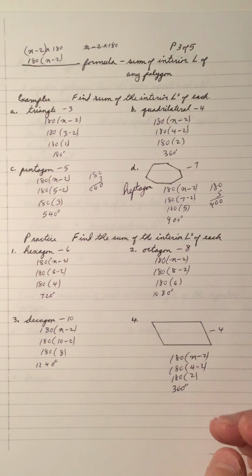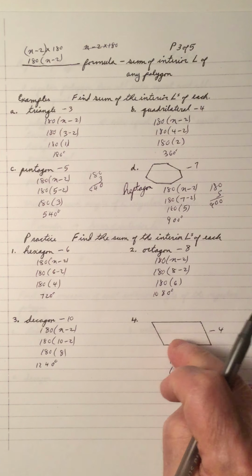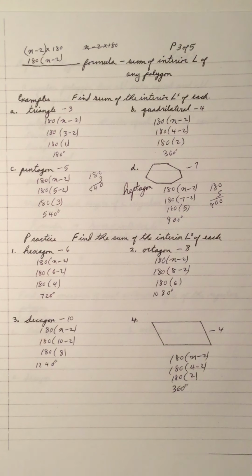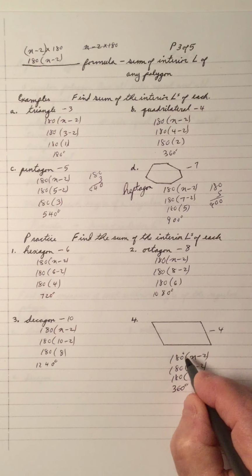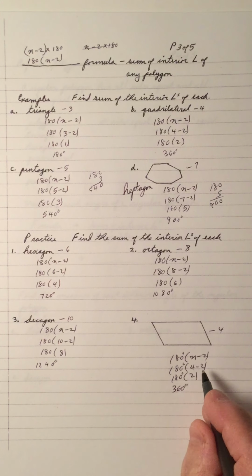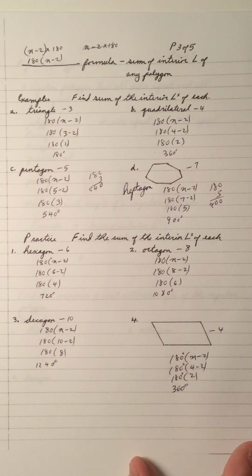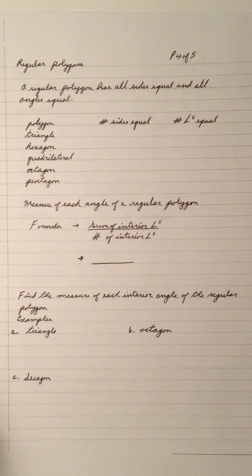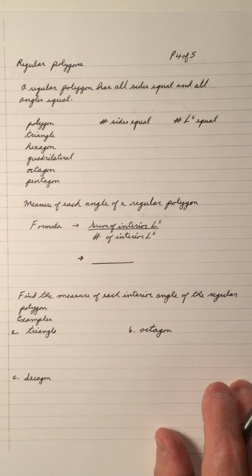I have memorized a triangle is 180, and a quadrilateral is 2 triangles. That's as easy as 2 times 180 is 360. But the formula, 180 degrees, remember, that's what we're talking about. So it's 180 times n minus 2, the sum of the interior angles of any polygon.